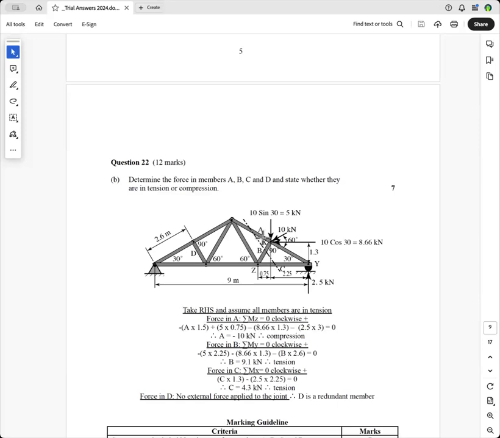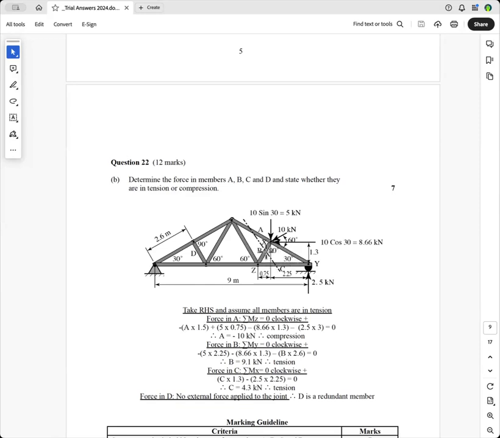Now, the next part, force in B. So you say sum of the moments about Y equals 0. Now make sure that you show where Y is. Now we're using Y because we want to get rid of that force and that force.